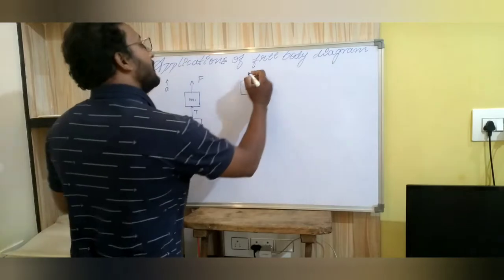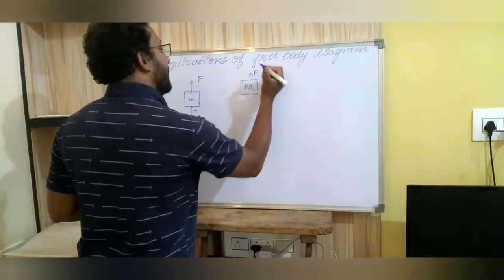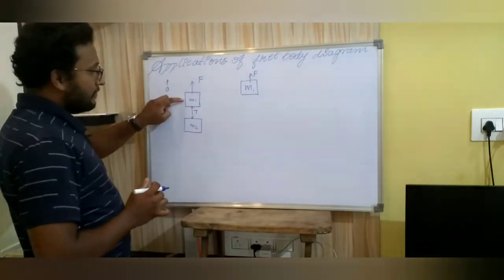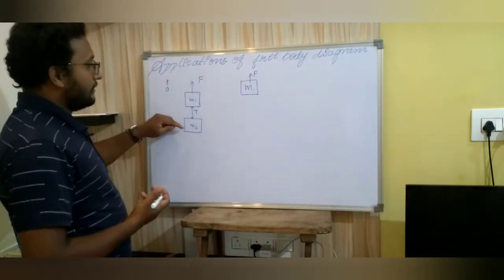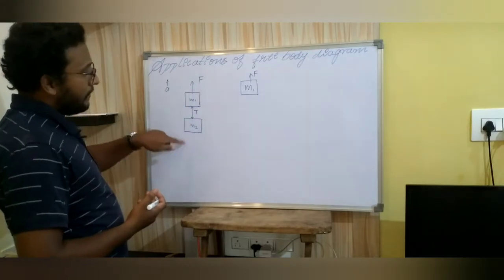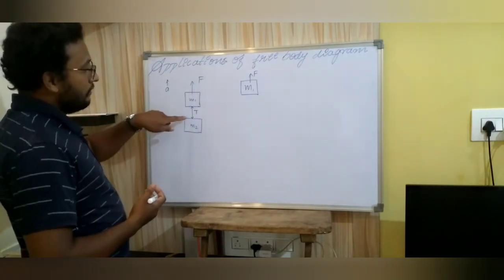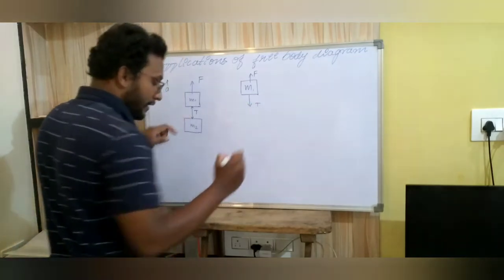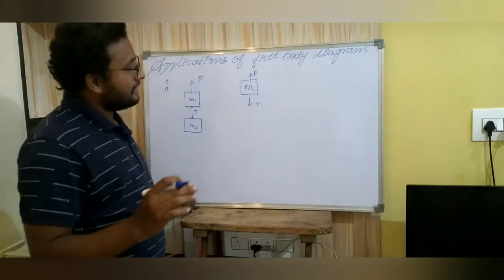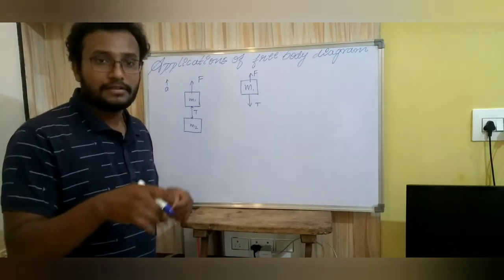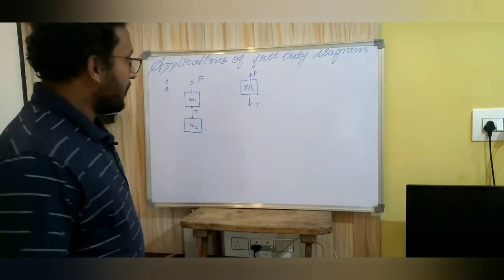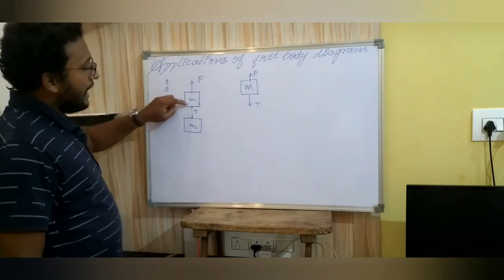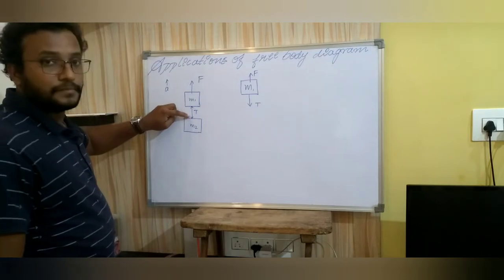One force in the upward direction is the applied force, let me call it F. Another force acting on M1 is the tension provided by M2. You need to understand that tension acting on an object is always away from the object. So in this diagram, the tension in the string acting on M1 is away from M1.